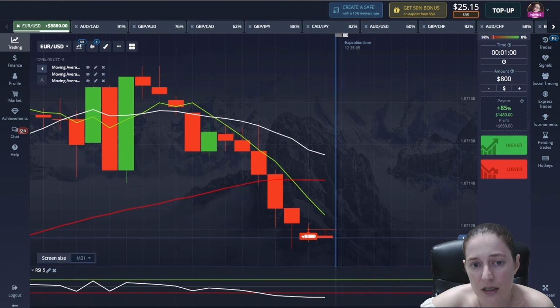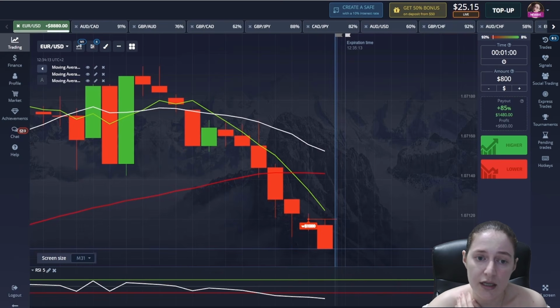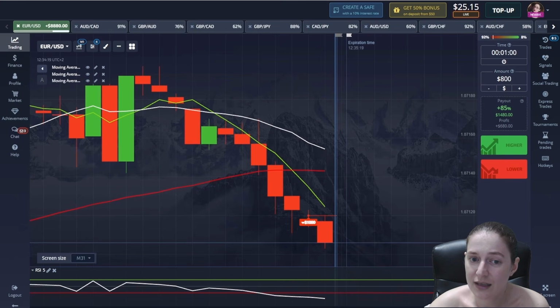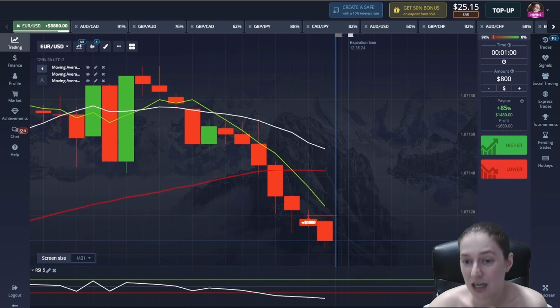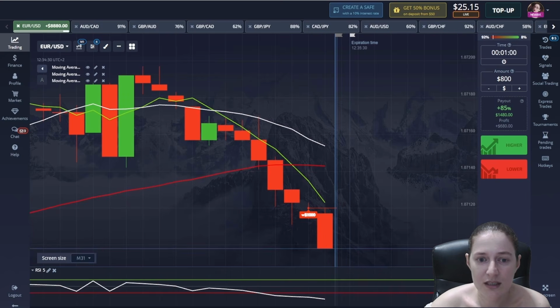This means that, as I told you in the previous moments, the probability of winning is quite high. And as you can see, we are moving quite slowly and with understanding, and the candles are going down. So I think I will win this trade.